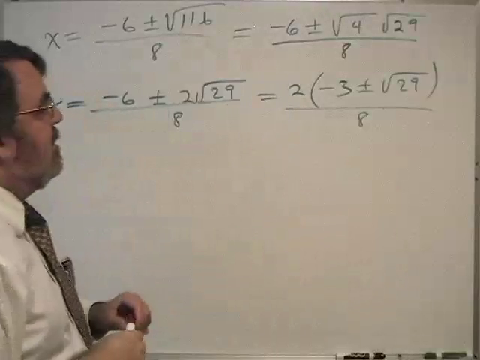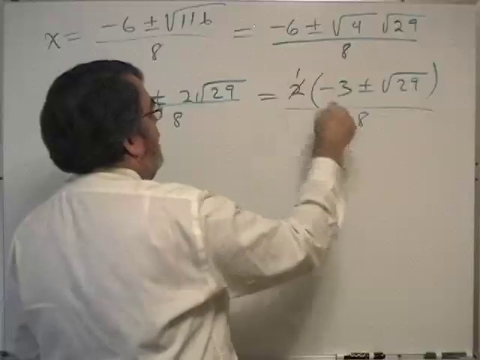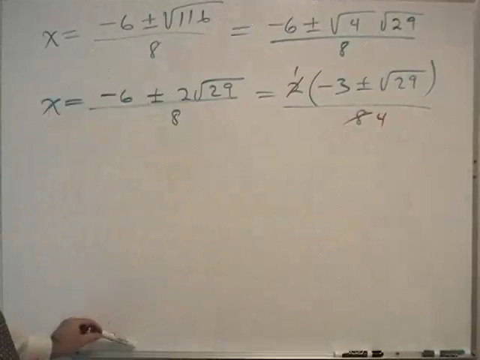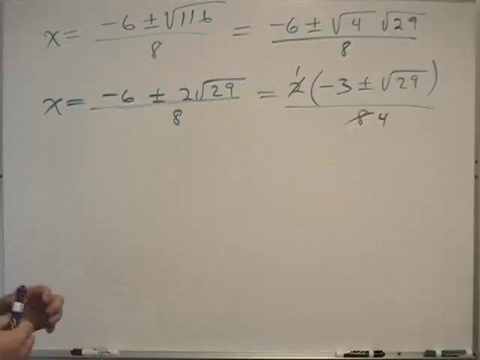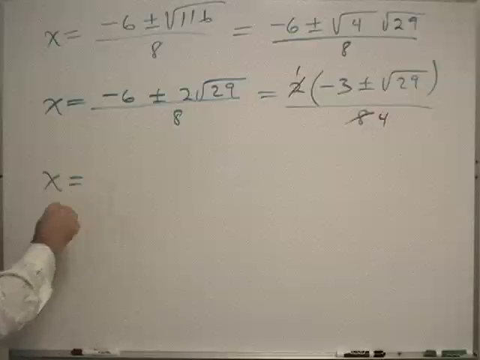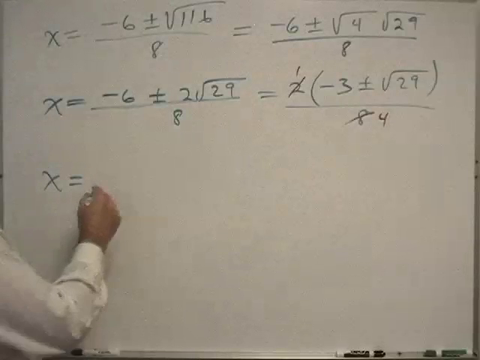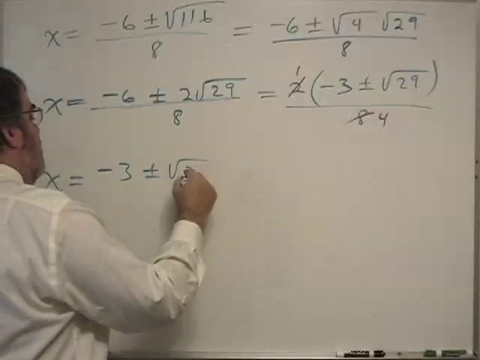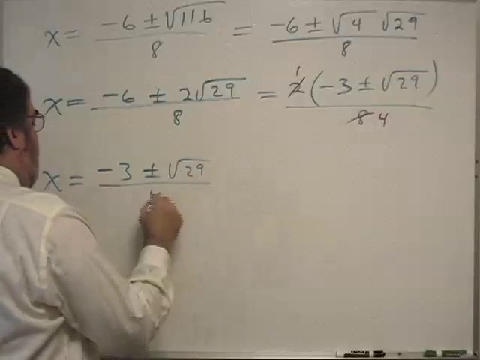And now we can cancel the 2 with the 8 down here. Since 2 is a factor, it will cancel off with the 8 down below. And we get our simplified form. This is the exact form of the answer: negative 3 plus or minus the square root of 29 divided by 4.